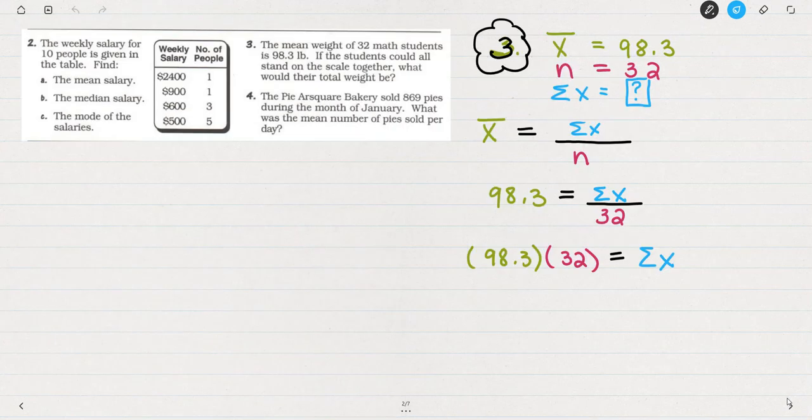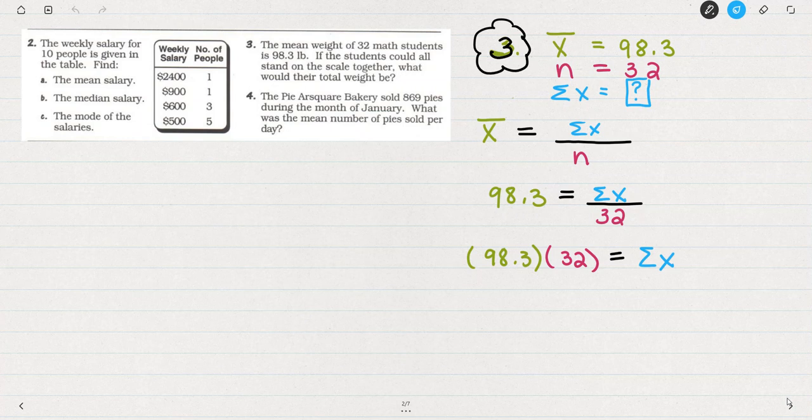Let's look at another example, this number 3, because number 2 is again just asking us to practice that we understand what mean, median, and mode are. But for number 3, it's a little more reaching than just that. So what I've done is I've written out what x bar, the mean average, is, and that is given as 98 3/10 of a pound.